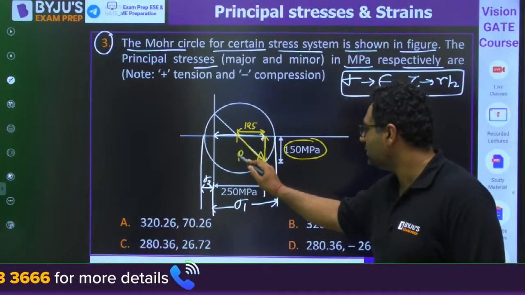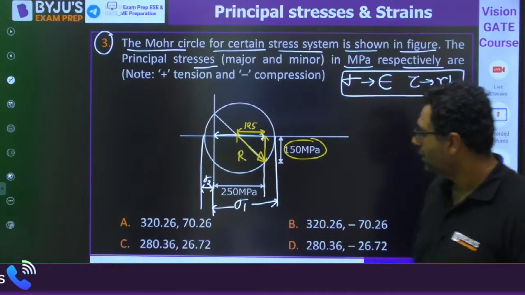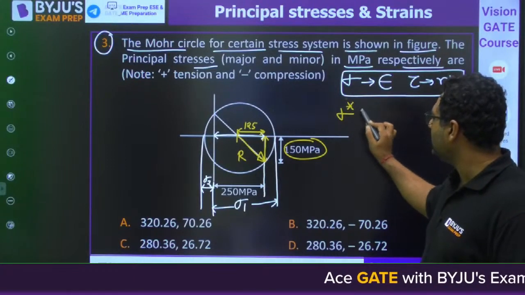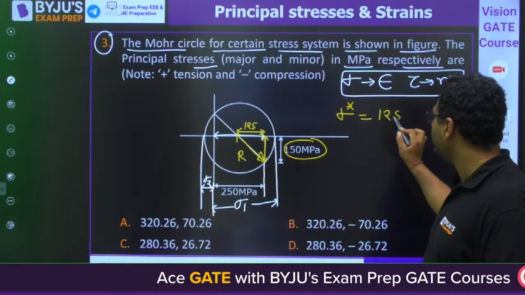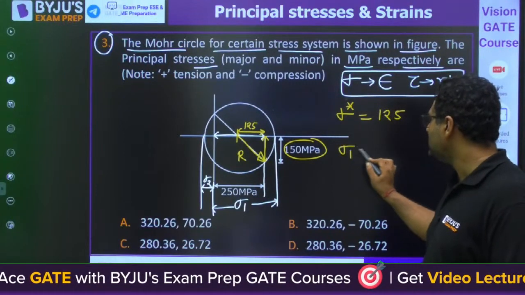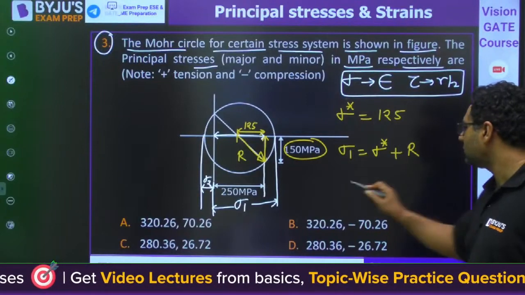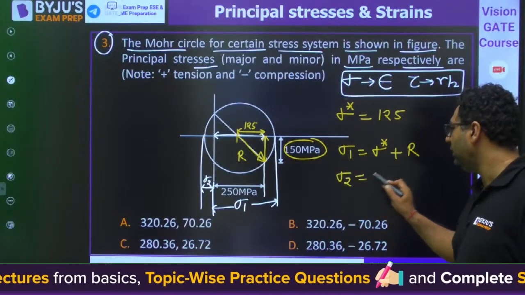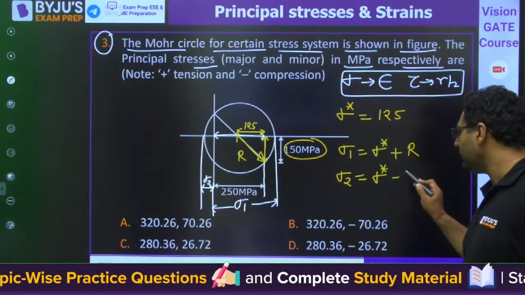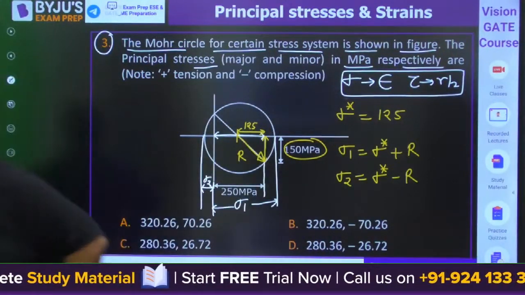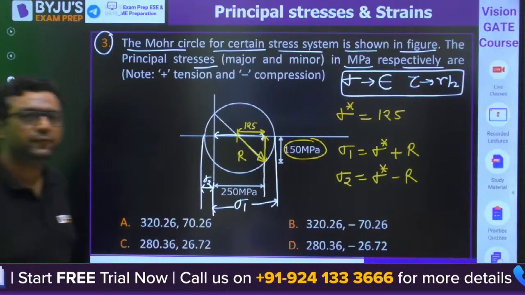Once you get the radius, it will be very easy, because we already have sigma star as 125. So principal stress 1 will be sigma star plus radius. Principal stress 2 will be sigma star minus radius. Very good, guys.